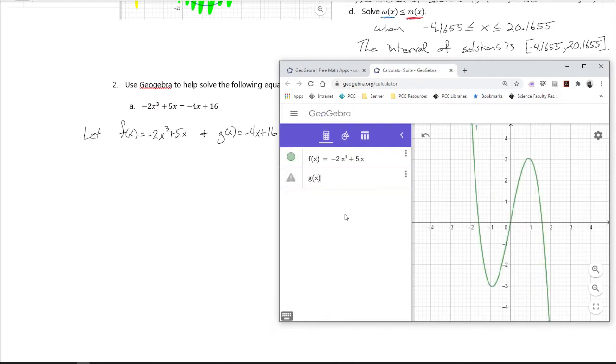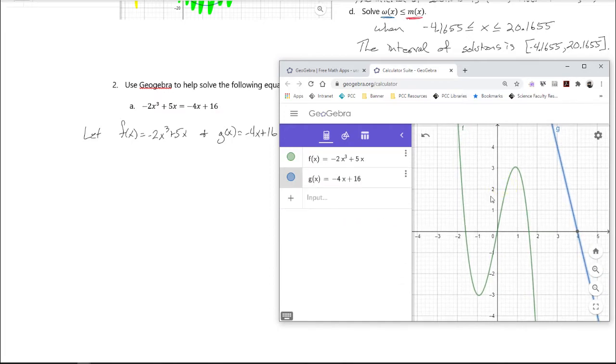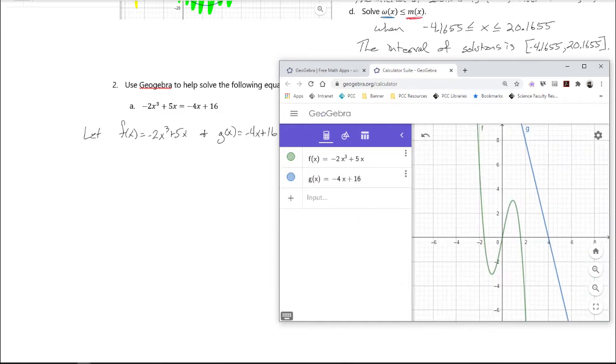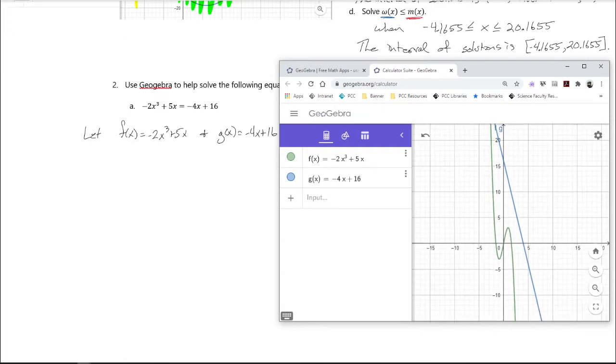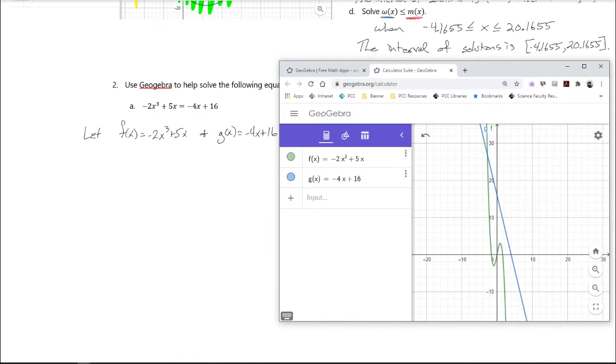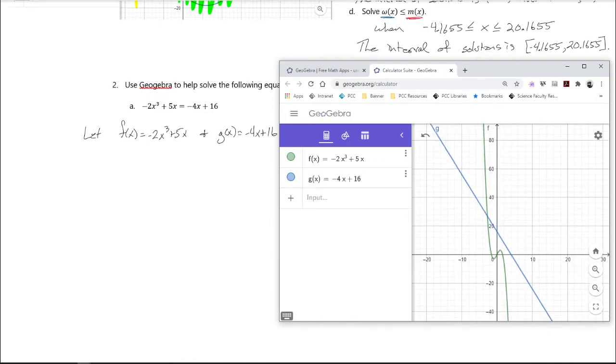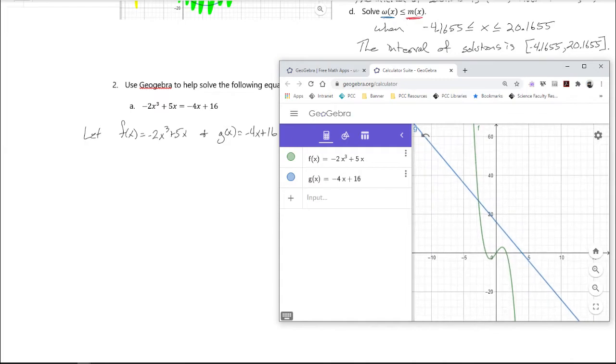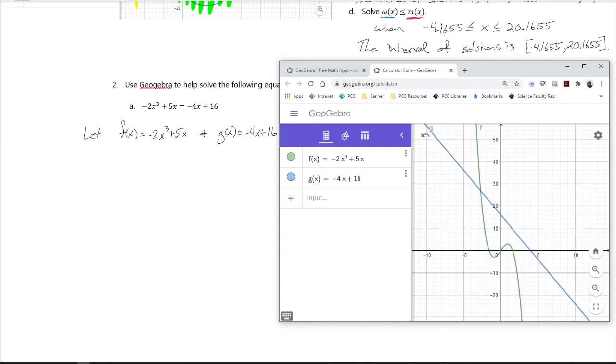And then g of x equals negative 4x plus 16. Now we want to zoom until we can find a nice viewing window that shows their intersection or multiple intersections if that's the case. And we can see if I zoom like this, that we just have that one intersection right there. So I can take a screenshot there.